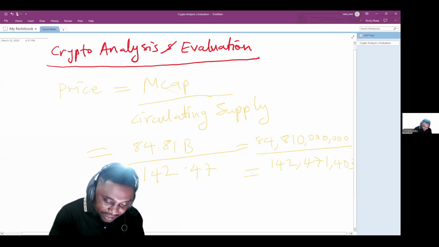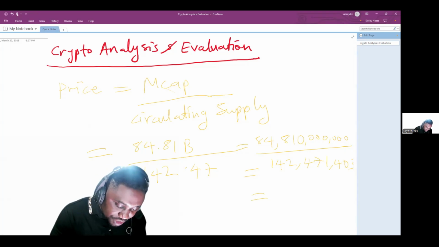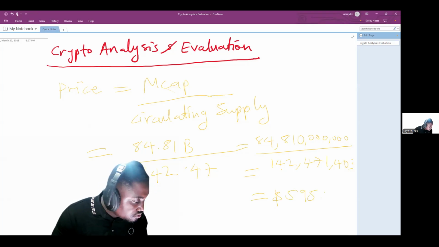So if you divide this market capitalization of BNB by the circulating supply, you are going to get 595.2, or roughly approximately 0.3.